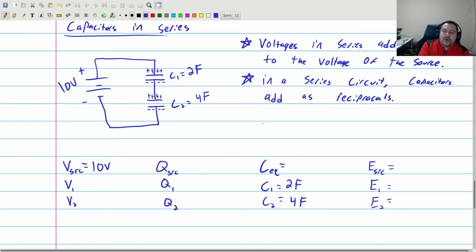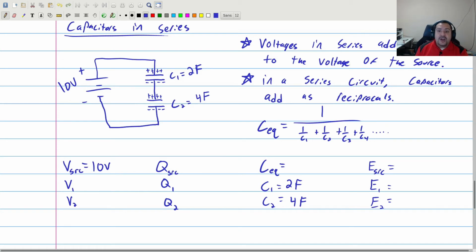Well, that means if you want to find the equivalent capacitance, CEQ, that's going to equal 1 over C1 plus 1 over C2 plus 1 over C3 plus 1 over C4, and on and on, for however many capacitors you have. If you have 100 capacitors all in series, you're going to have 100 terms down there, 1 over C1, 1 over C2, 1 over C3, all the way up to 1 over C100. In this case, we only have 2 capacitors.